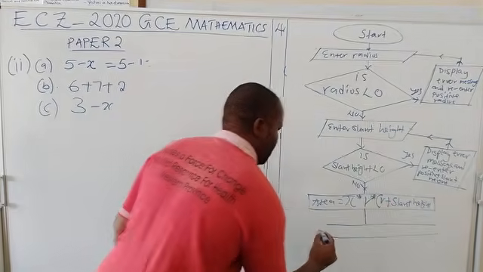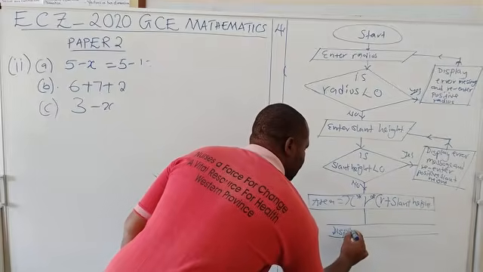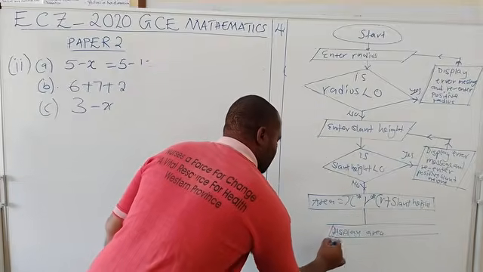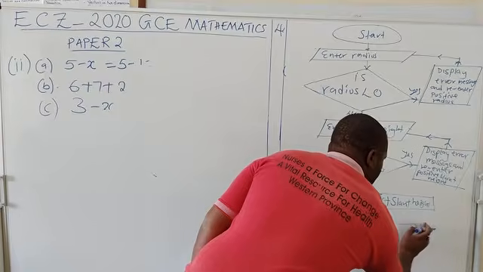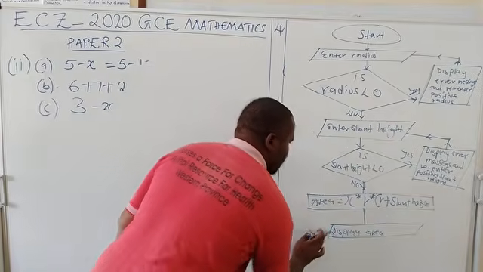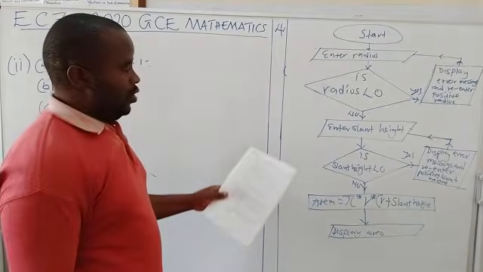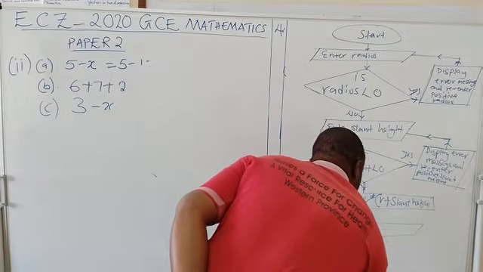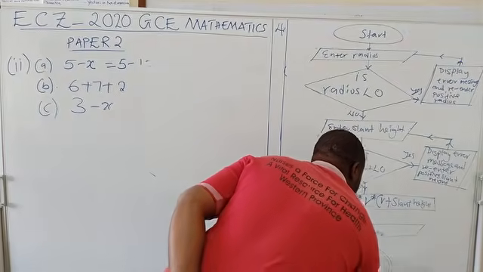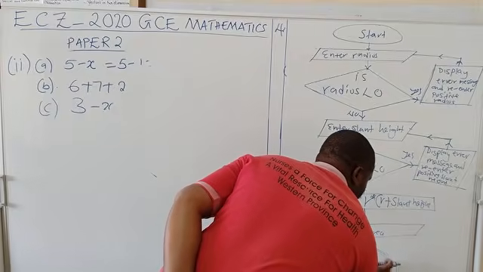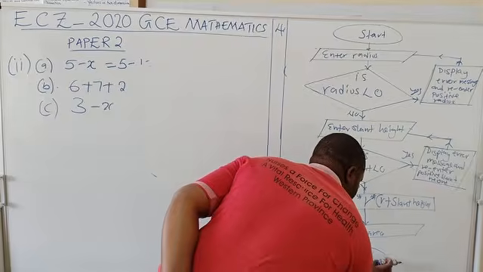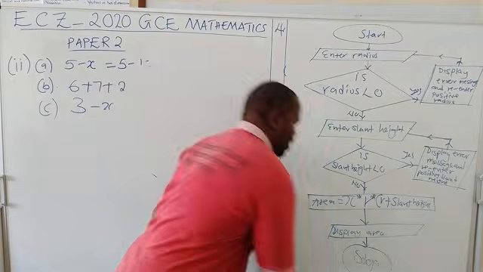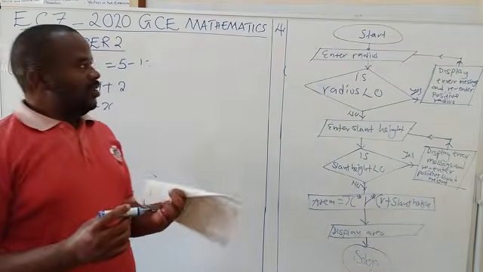So this is how it's supposed to be written. There is an arrow here, then you go to stop. You put an oval here, then you say stop. So that one has been done conclusively.